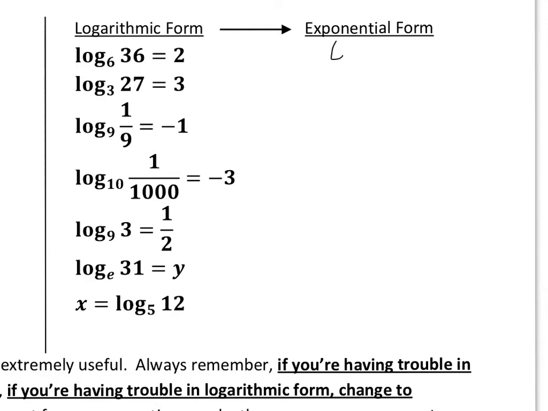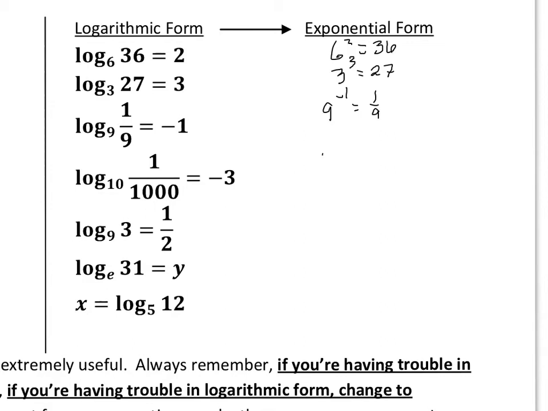6 to the second equals 36. Excellent. Log base 3 of 27 equals 3: 3 to the third equals 27. Good. Log base 9 of 1/9 equals negative 1. So 9 to the negative 1 equals 1/9. Okay, log base 10 of 1/1000th equals negative 3.